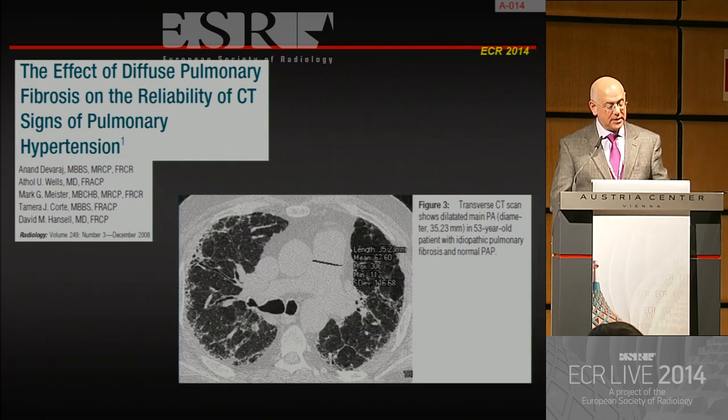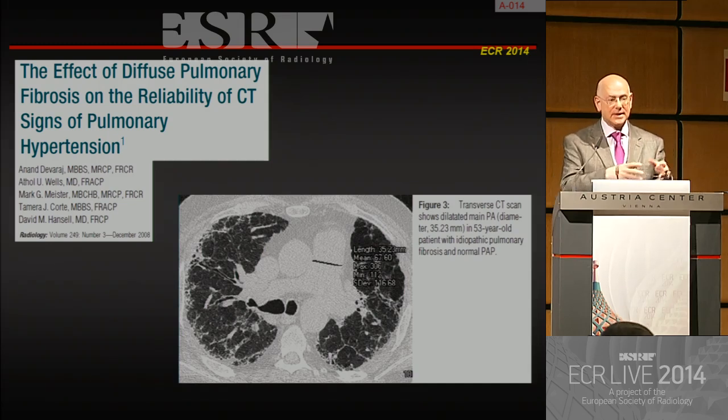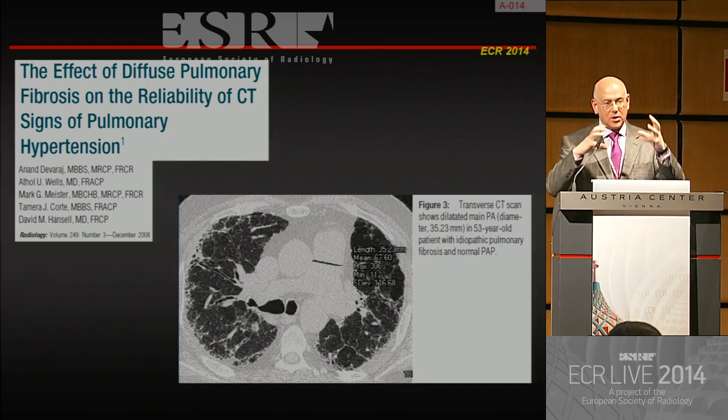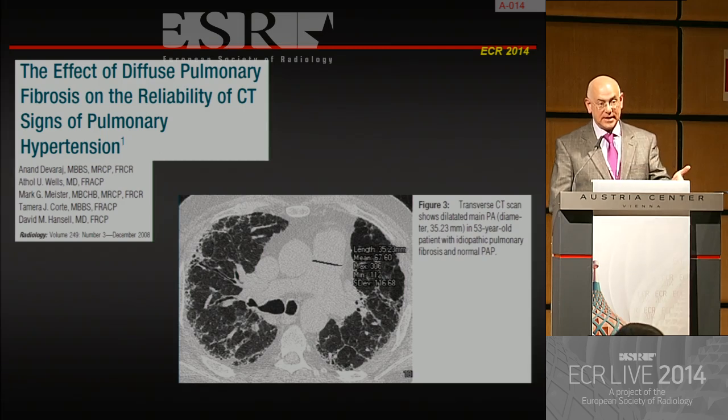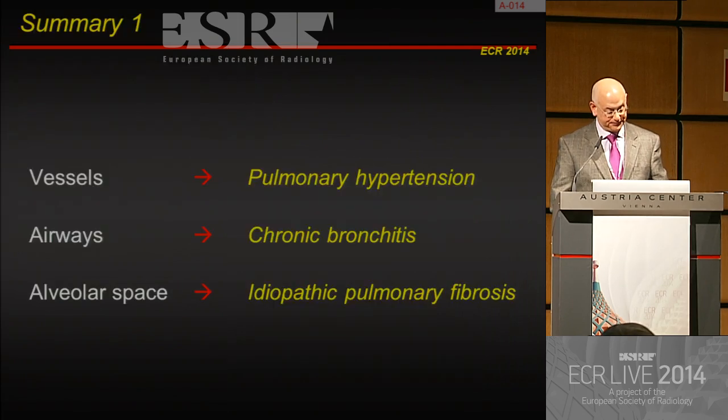In this particular example, the authors looked at the interaction between pulmonary fibrosis and signs indicative of pulmonary hypertension. So not how do I use CT to diagnose the one disease or the other disease, but how do the two causative factors influence the imaging appearance of this disease, in this case, a lung remodeled by pulmonary fibrosis.